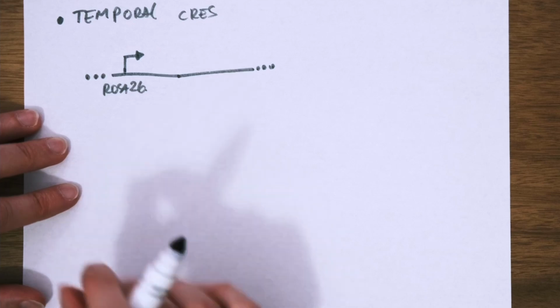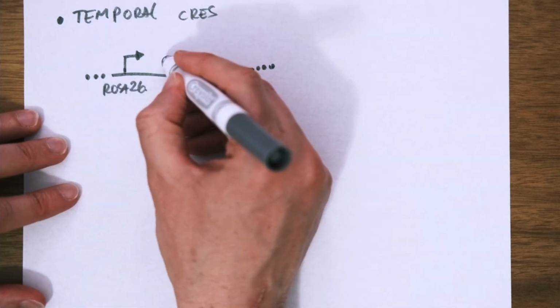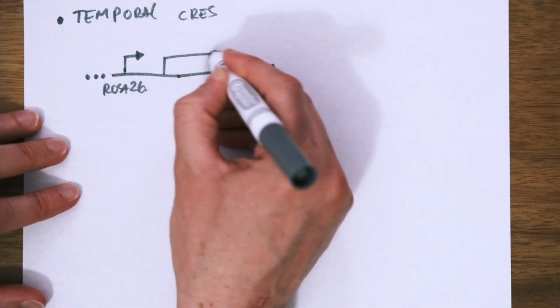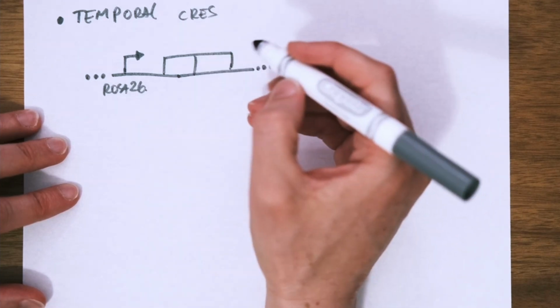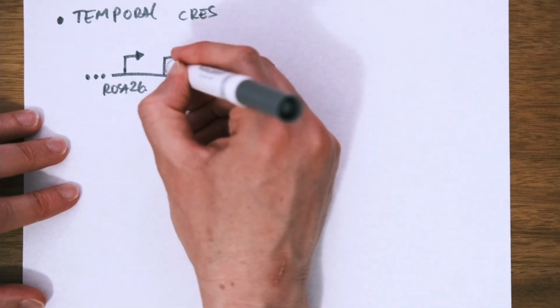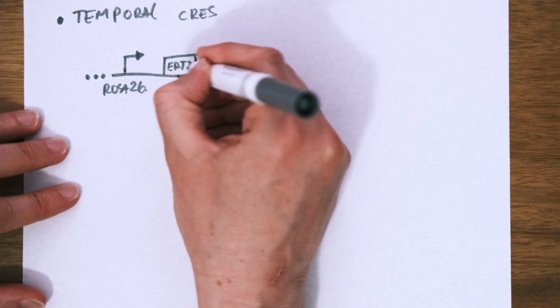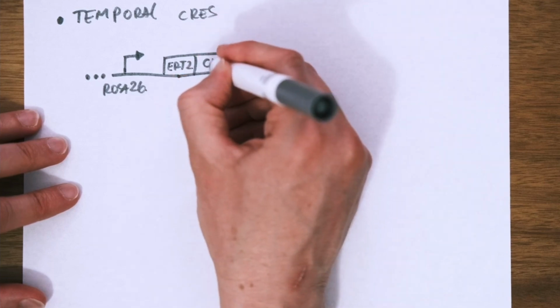ROSA26 doesn't seem to be playing any physiological role, so you want to keep it also in heterozygosity, but it's not a critical gene. So you have the Cre then inserted after the ROSA26 promoter, but this will be a fusion protein where we have first the ERT2 part and then the Cre itself.